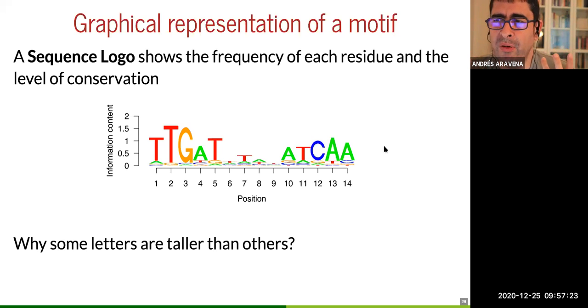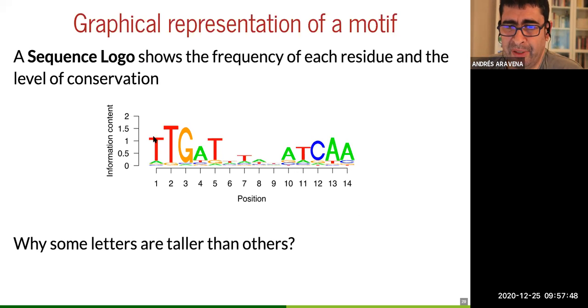But the intuition of conservative is the correct one. It's a measure of the level of conservation, if you like. That's kind of the more high frequency or more dominant, if you like.